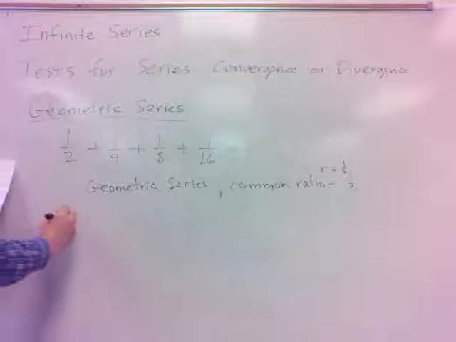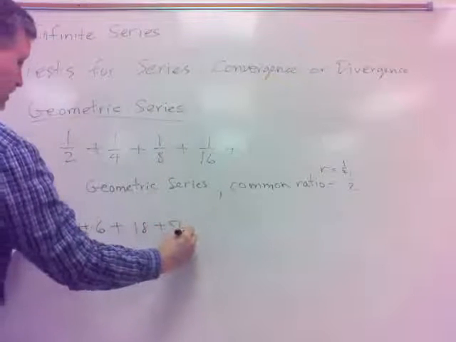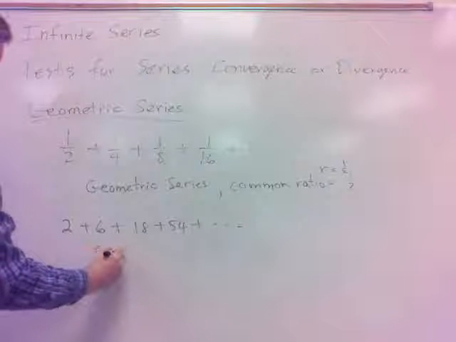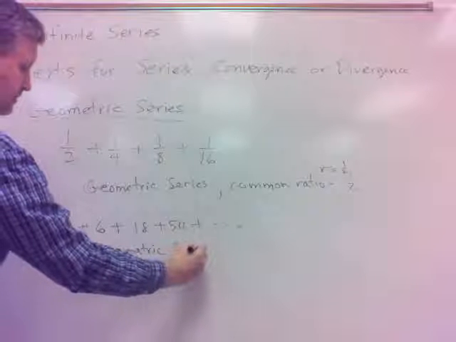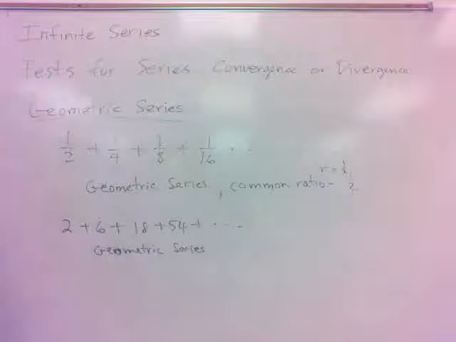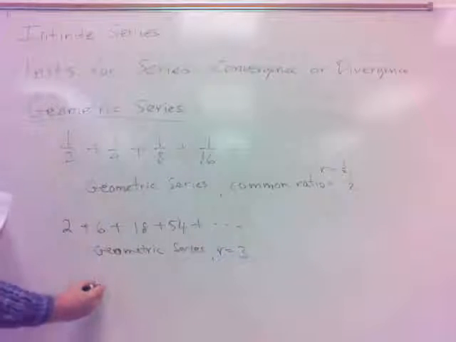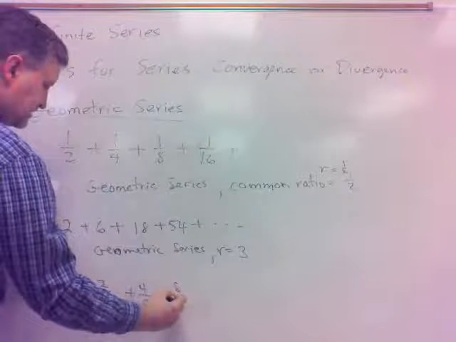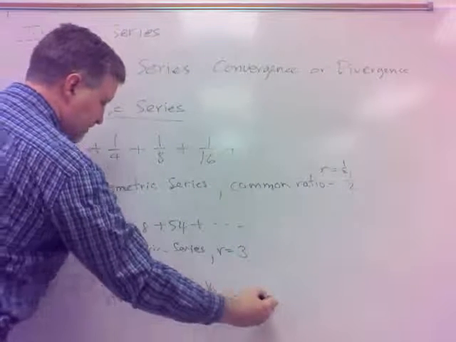Okay, then we have 2, 6, 18, 54. That's a geometric. And this one's geometric: 1 - 2/3 + 4/9 - 8/27 + 16/81 - and so on.